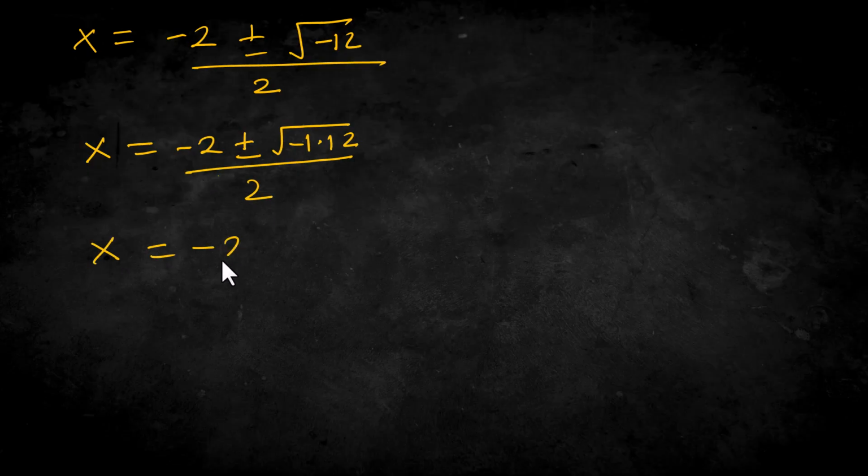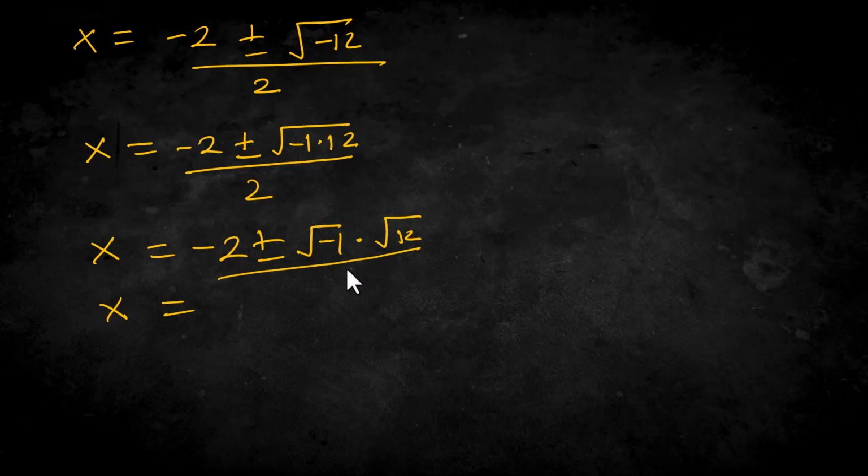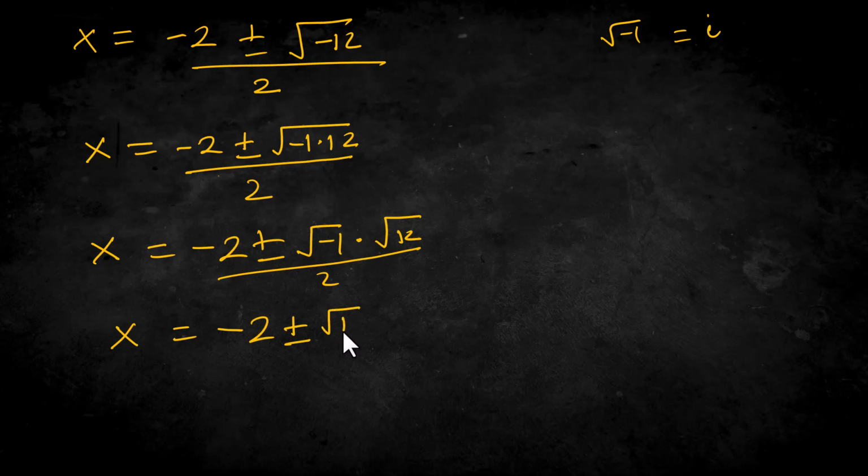So I have minus 2 plus or minus the square root of minus 1 times the square root of 12. The square root of minus 1 is the same as i. So you can say that minus 2 plus or minus square root of 12 i on 2.